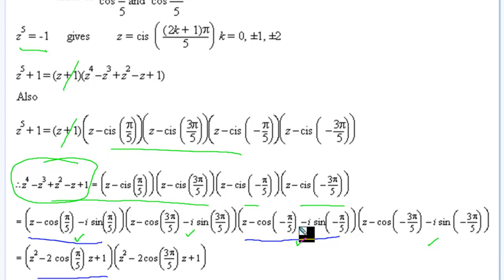Now remember when we multiplied two expressions where we've got the roots being complex conjugates, what we get is z squared minus 2 lots of the real part times z. So the real part would be cos of pi on 5, because those parts would cancel out.